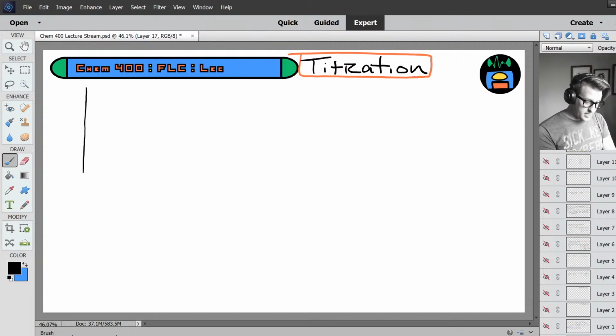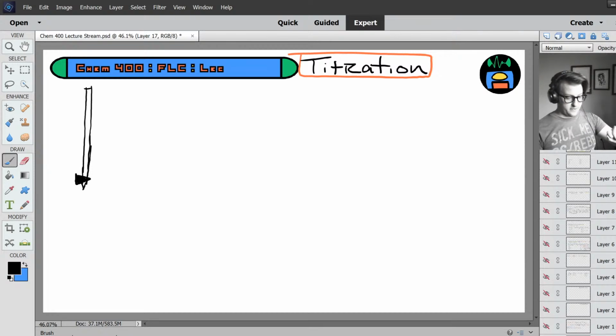These are typically done with a burette, which looks kind of like a graduated cylinder. It's long and tall, and at the bottom there's a stopcock, which controls flow. You can turn the flow of solution on and off.